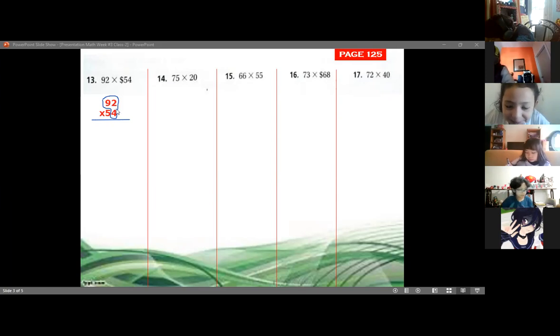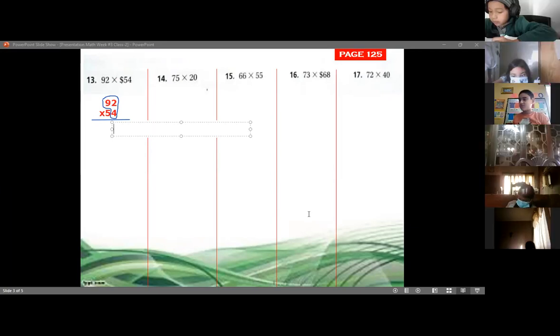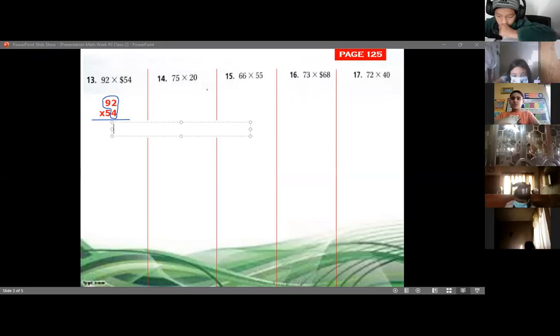Now let's multiply 92 times 4. Remember that is the first digit of the tens. So we multiply 4 times 92, one by one. What is the answer of 4 times 2, class? 8. 4 times 2 equals 8.